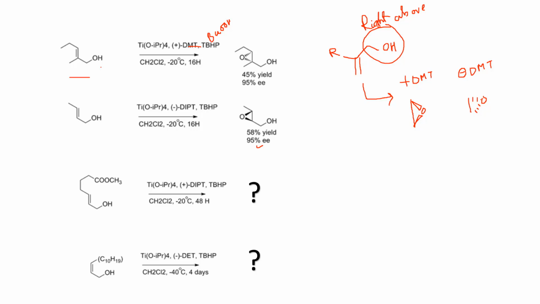Now suppose you have the reverse one, if the allylic alcohol is in this plane, in the left side, what will happen? Just the reverse of this one.